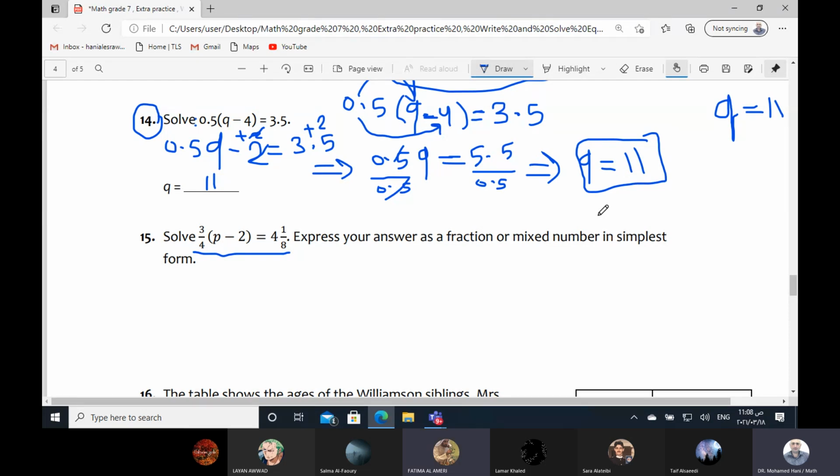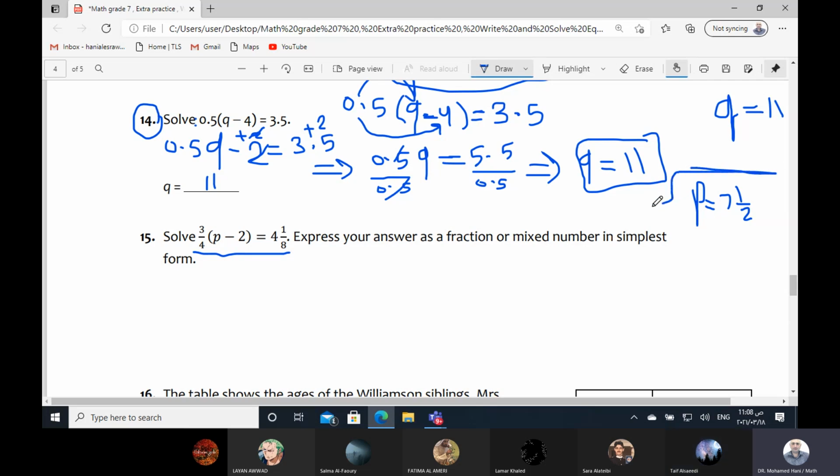The answer will be 7 and 1 over 2. Okay, thank you, Fatima. Who has a different answer? P equals 7 and 1 over 2.